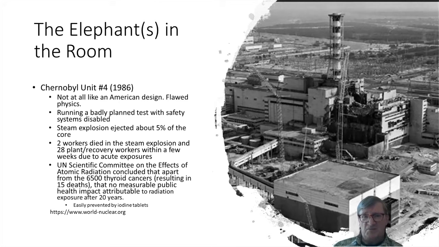So it had a steam explosion, which, because of the physics, got real hot real fast and flashed water to steam. And that steam blew about 5% of the core up and out. Two workers died in the steam explosion because they were in there working on the core, and 28 plant and recovery workers died a few weeks later due to acute exposures.